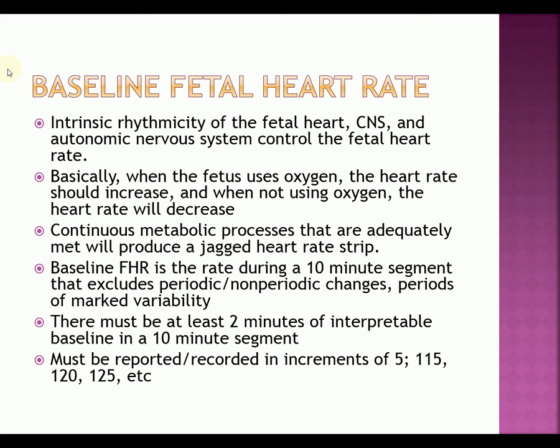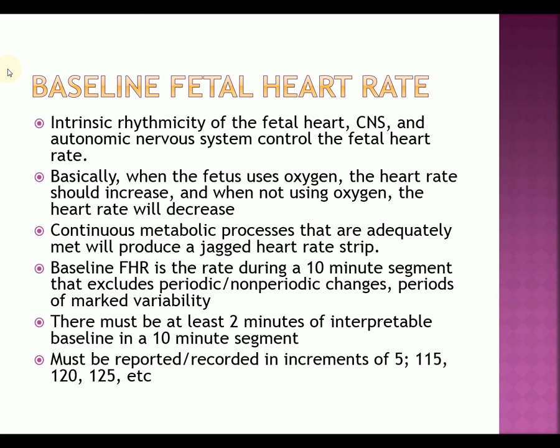Our baseline heart rate should be at least a 10-minute segment that excludes periodic and episodic changes, and of course excludes the periods of marked variability. In order to know what the episodic and periodic changes are, it can't be a contraction, it can't be a variable deceleration occurring.